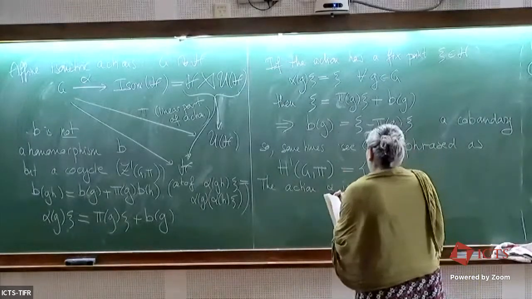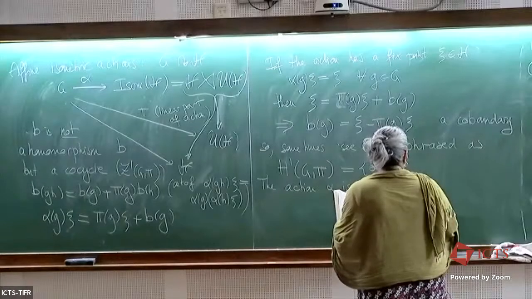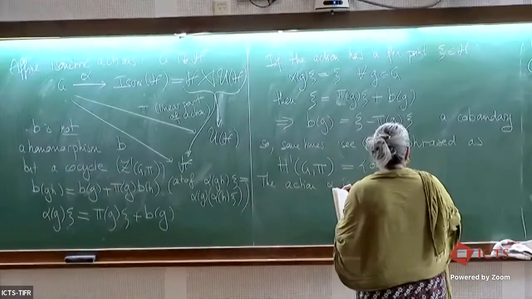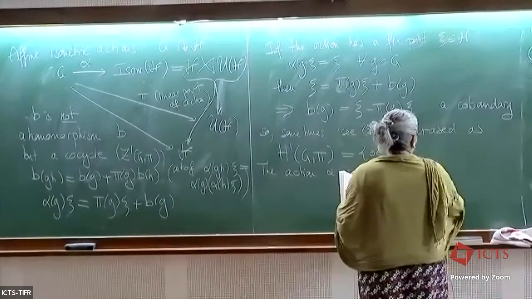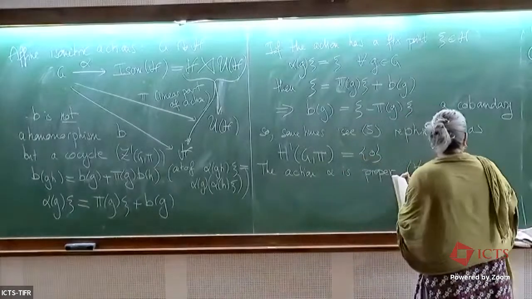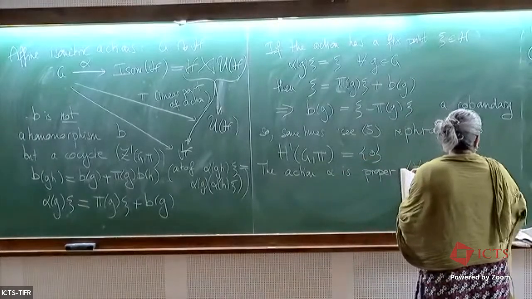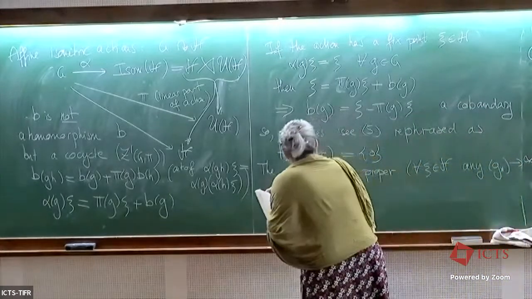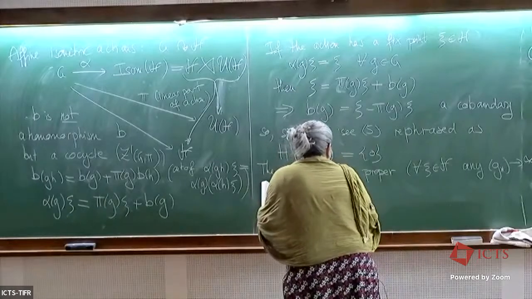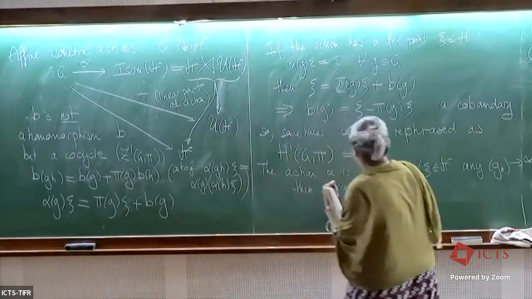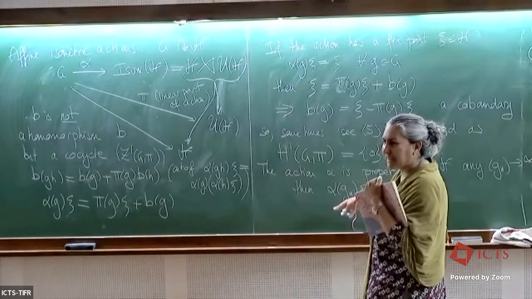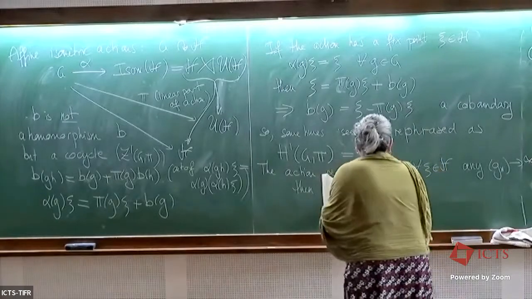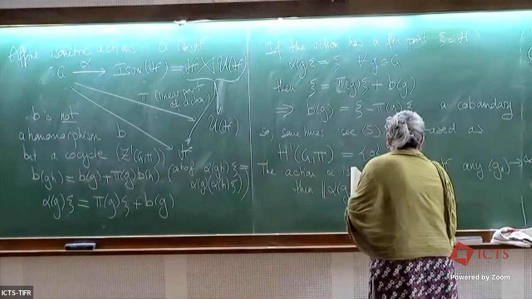The action alpha is proper, meaning that for any xi in H and any sequence Gn going to infinity, alpha Gn xi, which is an element in the Hilbert space, so you can compute the norm in H. So that's a sequence that goes to infinity in R.